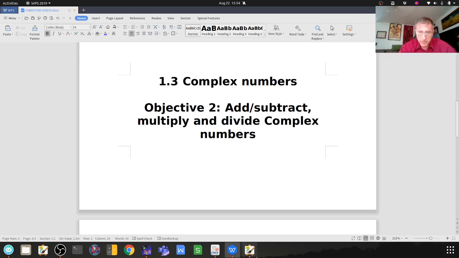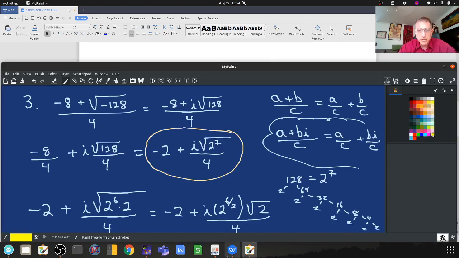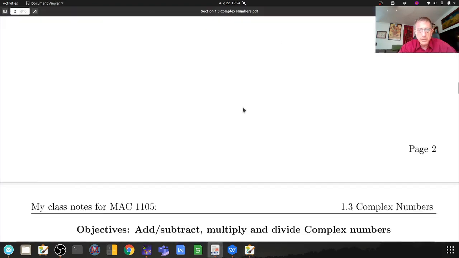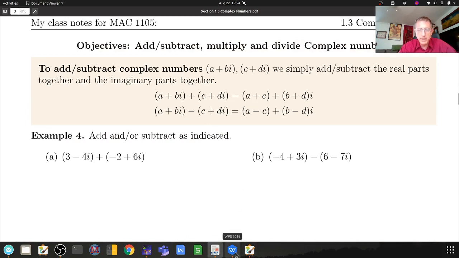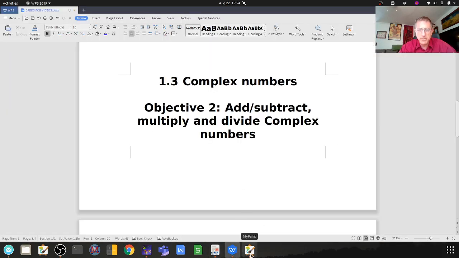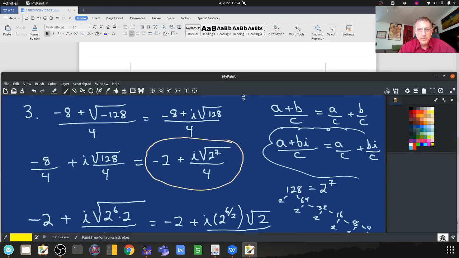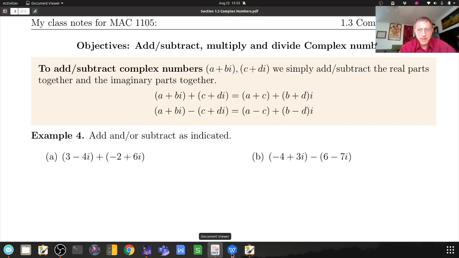It's kind of similar to rationalizing denominators, if you have a denominator that's a radical. So let's bring up this and go to the next. Really, I give you the rule here, and in this case the rules always look much more complicated than they really are.